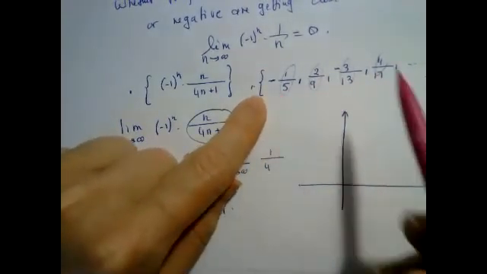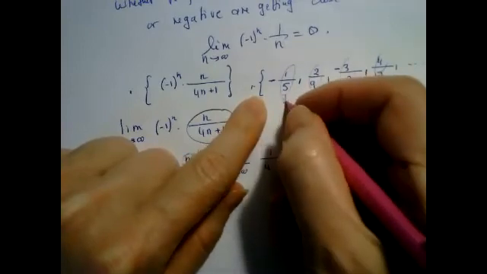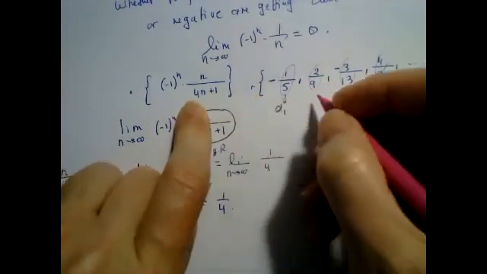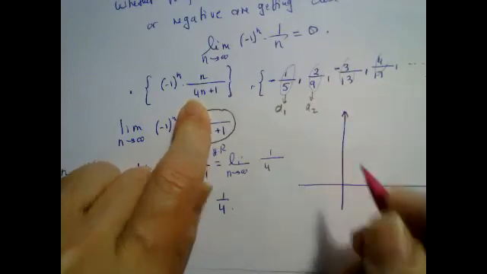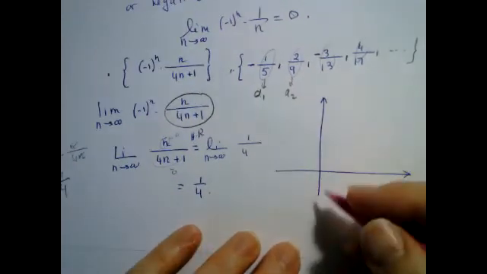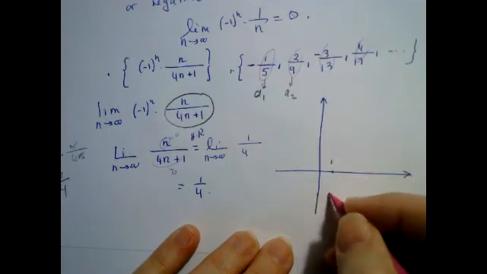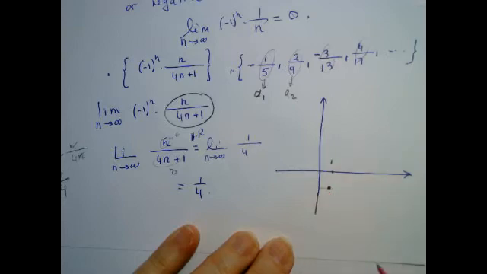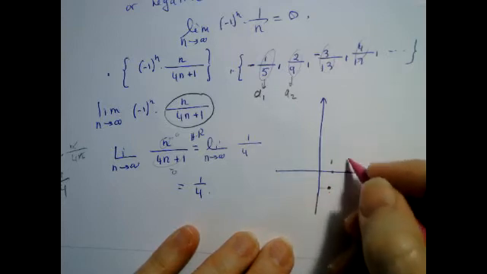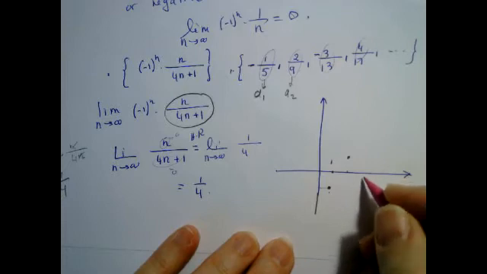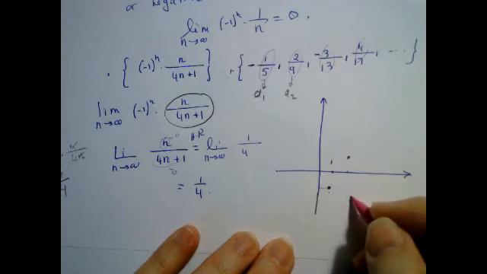Some of the terms, like -1/5, that's a1, and this is a2. So what's going to be the picture? a1 is -1/5, right here. This is 2/9. This one is minus 3 over 13.